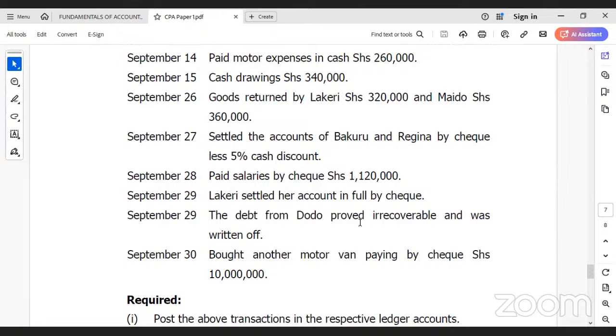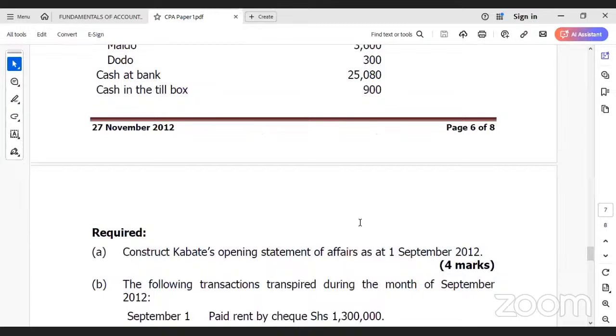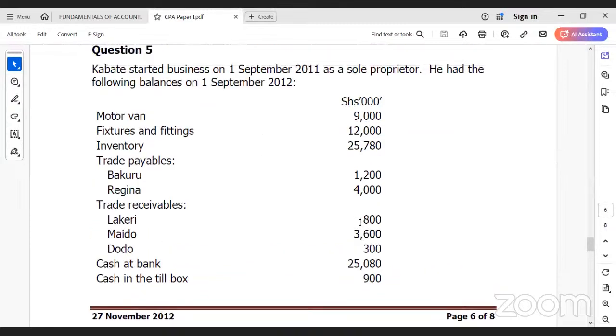But remember, this business has been in operation. It was started on 1st September 2011. And of course, we have been given balances for all these items: motor van, fixtures, inventory, trade payables, that is Bakuru, Regina, receivables, that is Remind, cash at bank, and then cash in the toolbox.